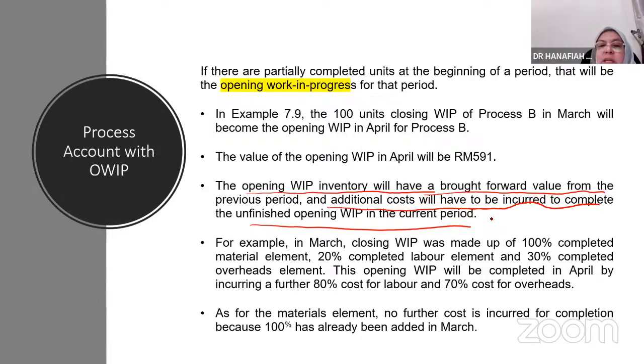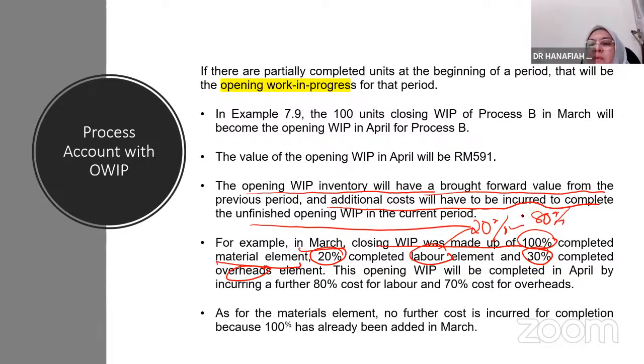For example, in March, the closing work was made up of 100% for material, but only 20% for labor and 30% for overhead. So we have remaining work to do. For labor, since just now it's only 20%, the remaining work to be done is another 80%.